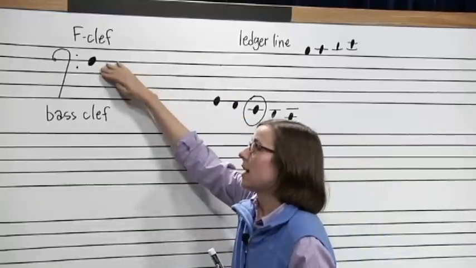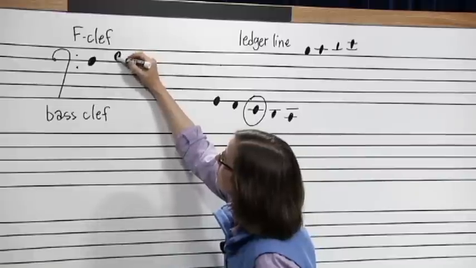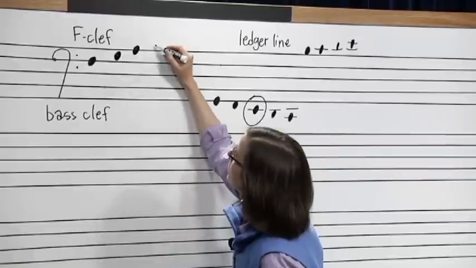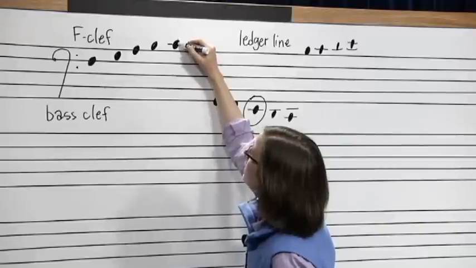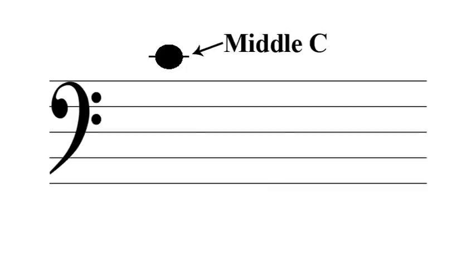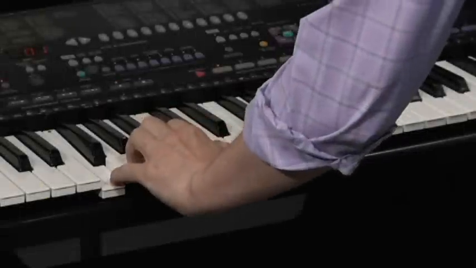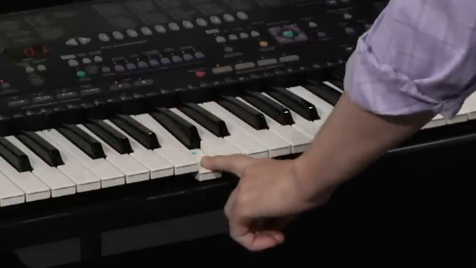This is actually an F below middle C. So if I just go like this, I need a ledger line, just like I did before, and there's middle C. So on the keyboard, I'm just going to do the same thing. So here's the F, and I just walk up G, A, B, and there's C. There's that same middle C.